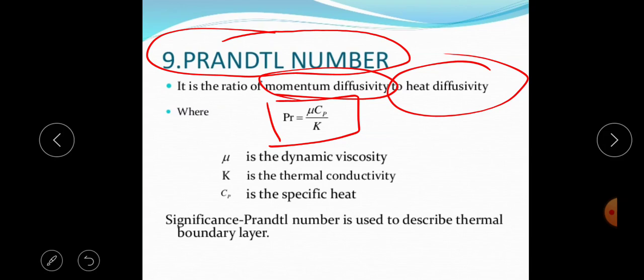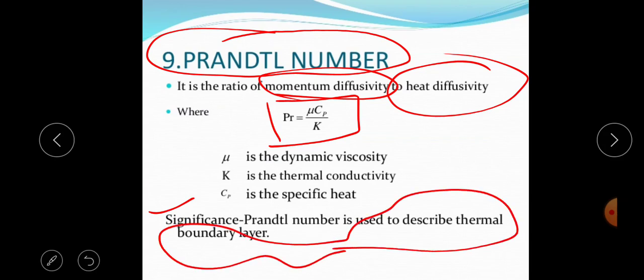So this is Prandtl number. What is the significance of Prandtl number? Prandtl number is used to describe thermal boundary layer.